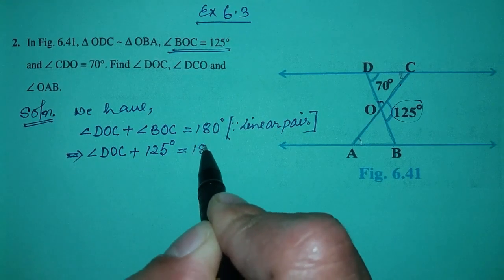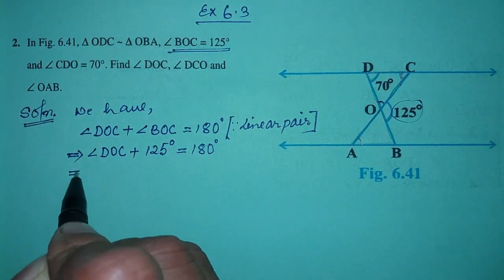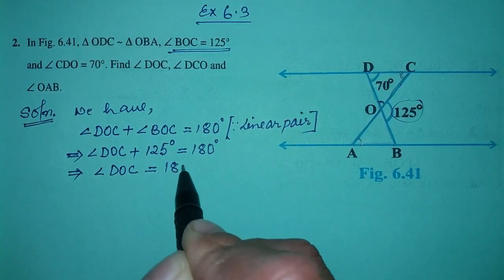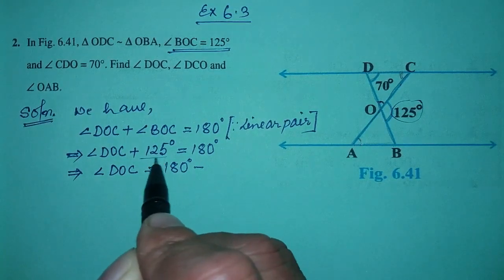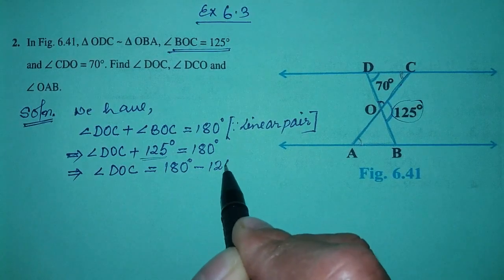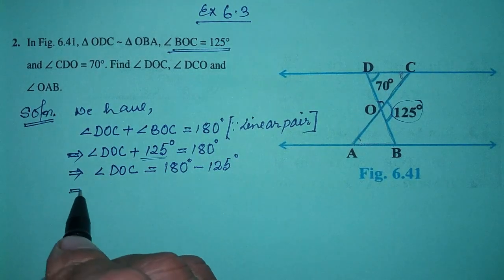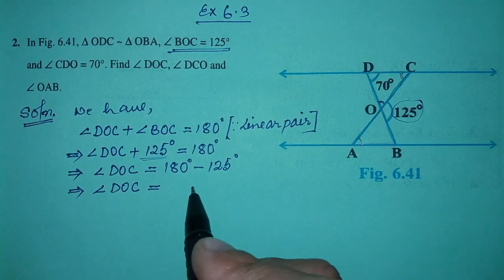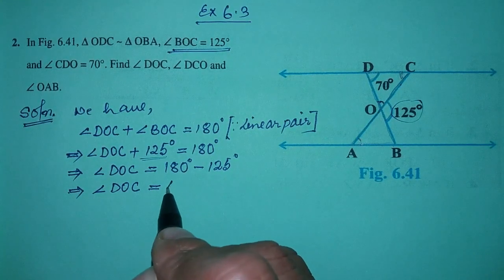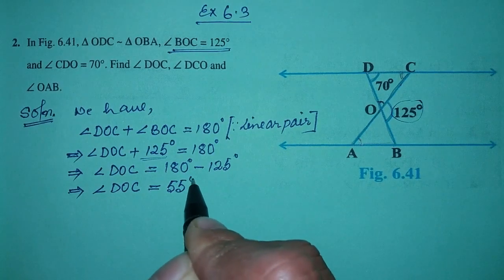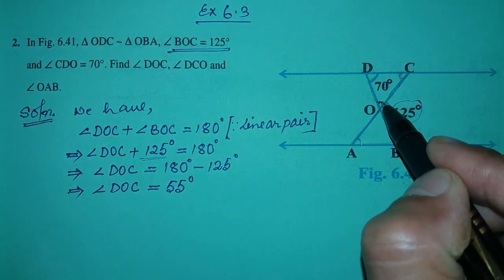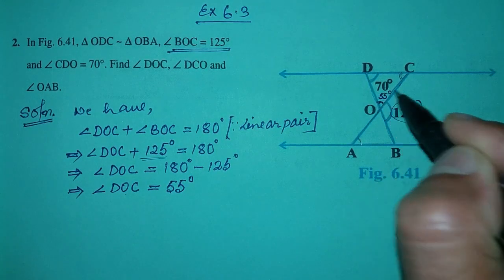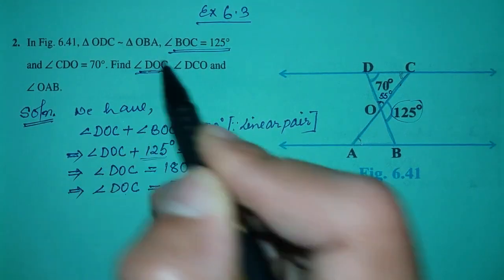This is 180 degrees, and angle DOC is equal to 180 degrees minus, let's transpose this to the right hand side, so we get minus 125 degrees. Now 180 minus 125 is 55 degrees. So this angle DOC is 55 degrees. So we got the first one.